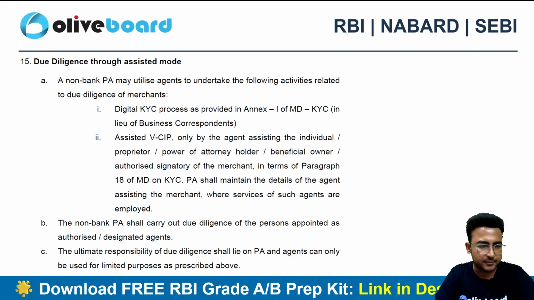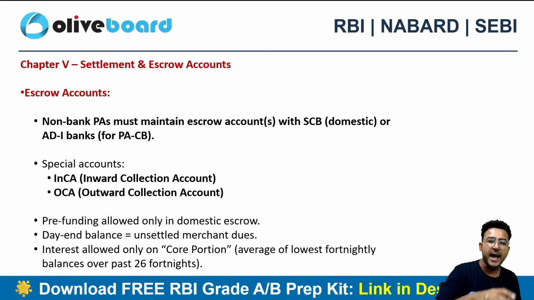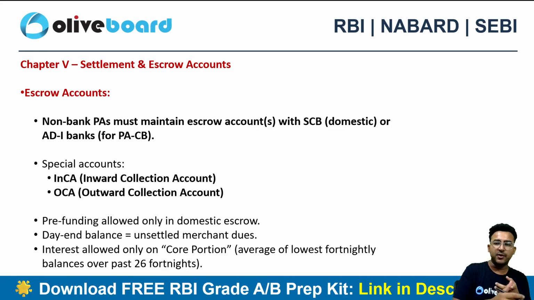Then there is settlement and escrow account as well. What is an escrow account? A third party account I can say, which is facilitating the transaction. So a non-bank payment aggregator must maintain an escrow account. If you are a non-bank payment aggregator, you need to maintain an escrow account, that too with the scheduled commercial bank, domestic scheduled commercial bank, or an AD category 1 bank.